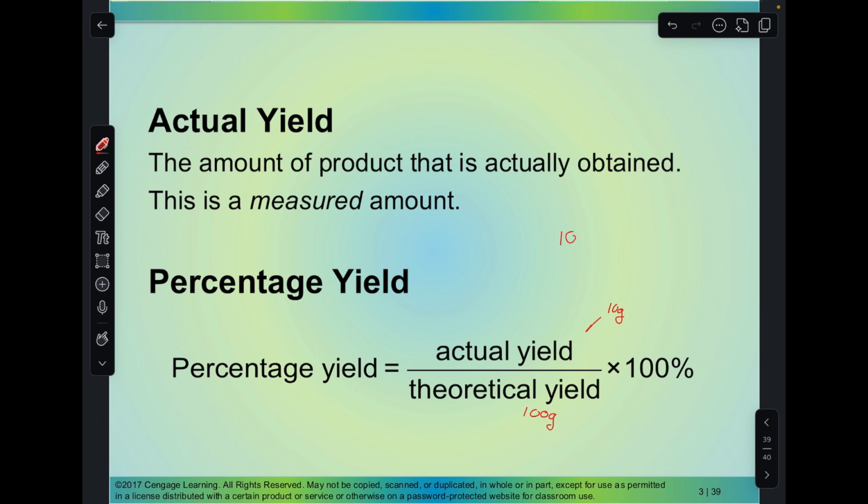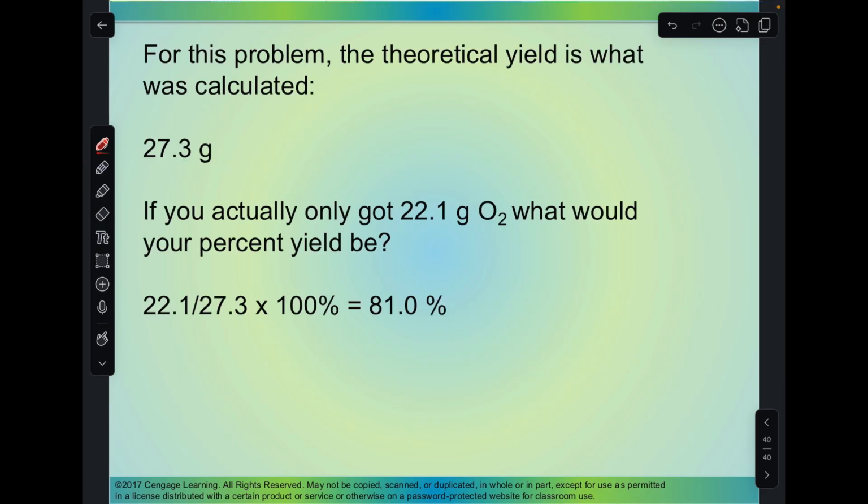That would be 10 divided by 100, and then we'd multiply that by 100, and we get 10%. So that would be your percent yield. The theoretical yield is what is calculated, but the actual yield is what you measure afterwards.